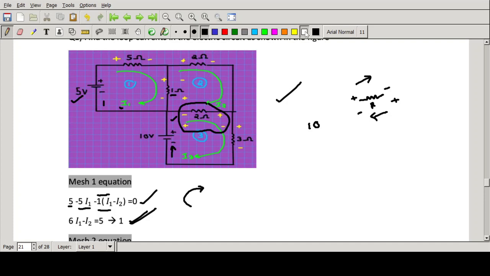Suppose you are moving in this direction, then you consider plus minus, minus plus. Now suppose you are moving in this direction, then this one will be plus to minus, so it will be negative and this will be positive. Like that, you have to think and assign the voltage drop polarity.